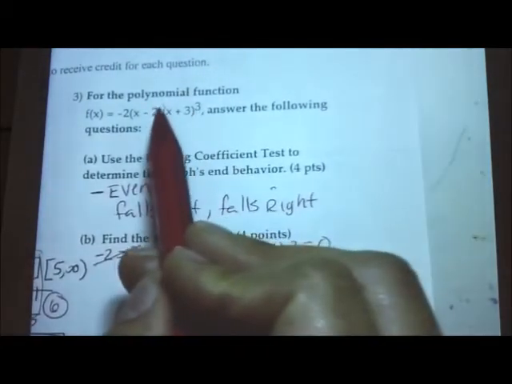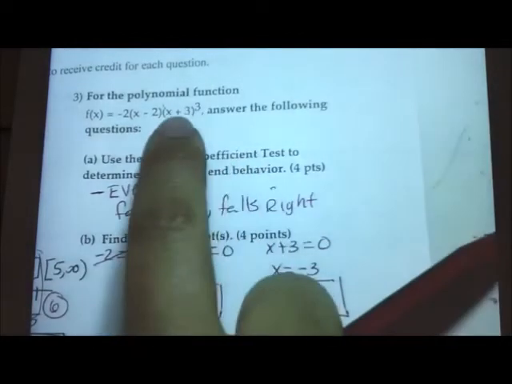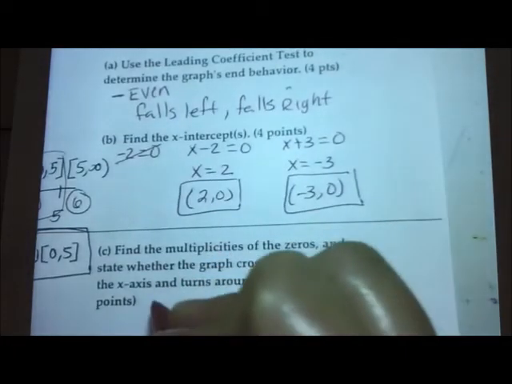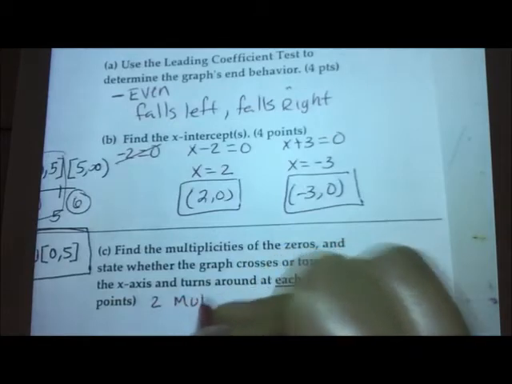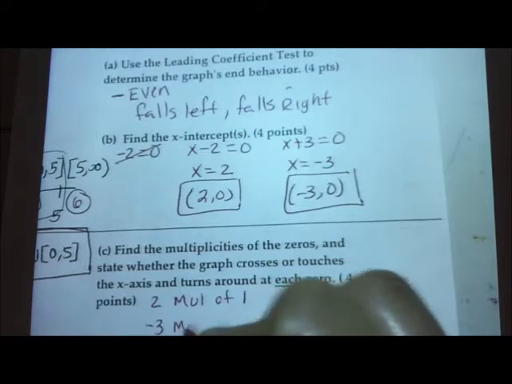What is the exponent of the x minus 2? 1, so it's a multiplicity of 1. The -3 comes from here. It's a multiplicity of what? 3. So I'm going to put here 2 with multiplicity of 1 and -3 with multiplicity of 3.